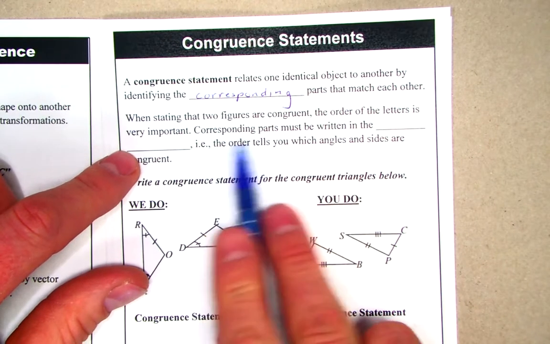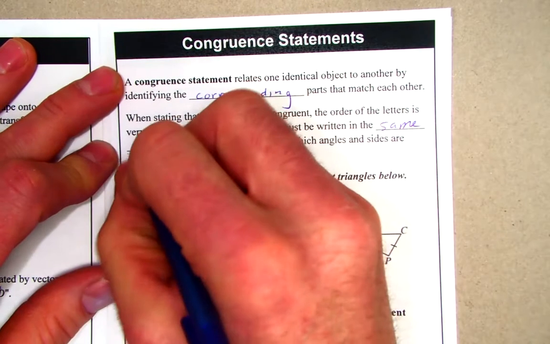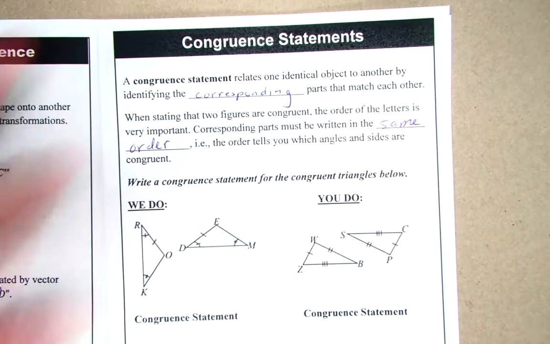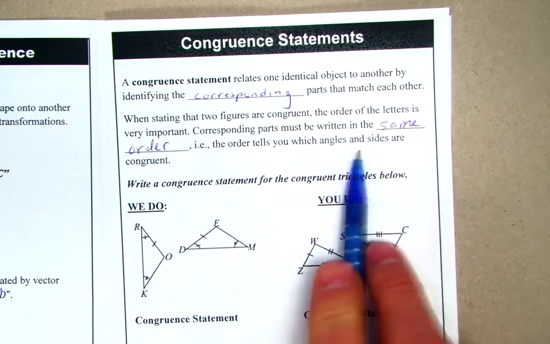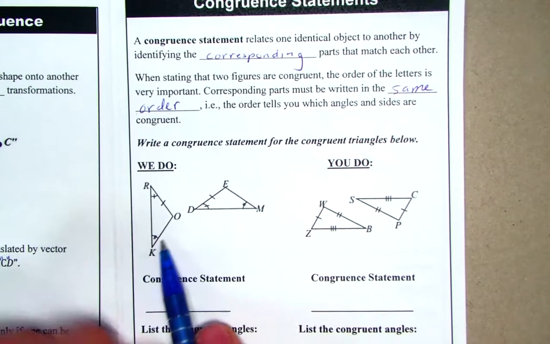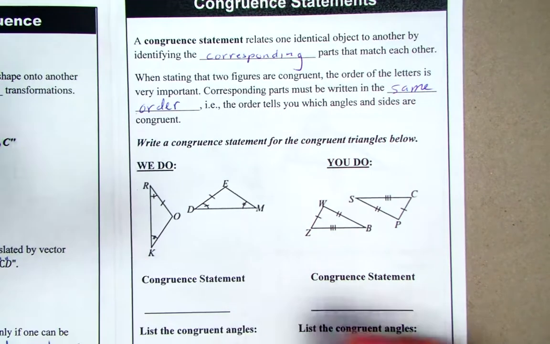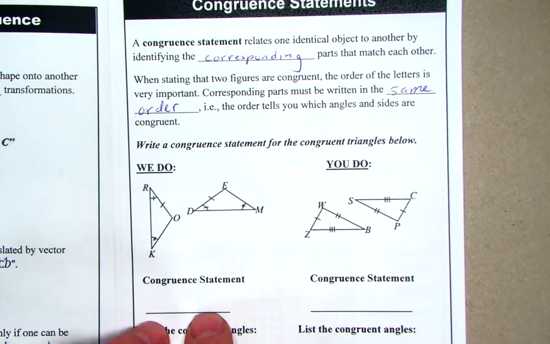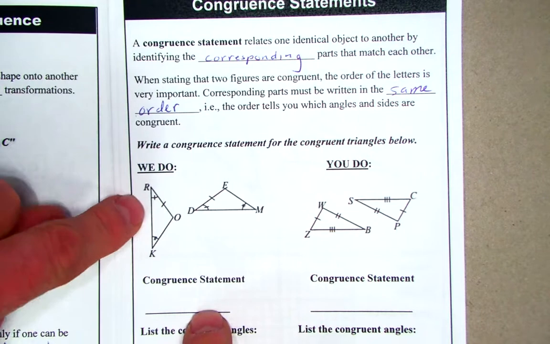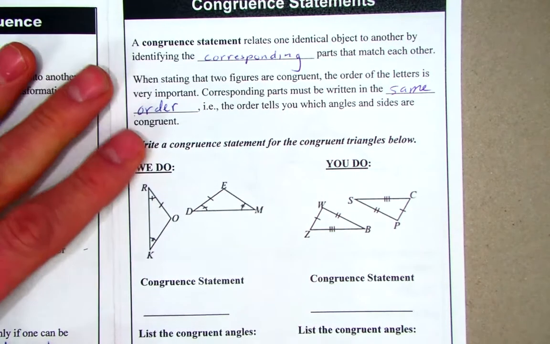So corresponding parts must be written in the same order, because the order tells you which angles and which sides are congruent. So these two triangles are congruent. And we're going to just write a statement of congruence. We want to just make sure that we write the order to show that all the corresponding parts are congruent.